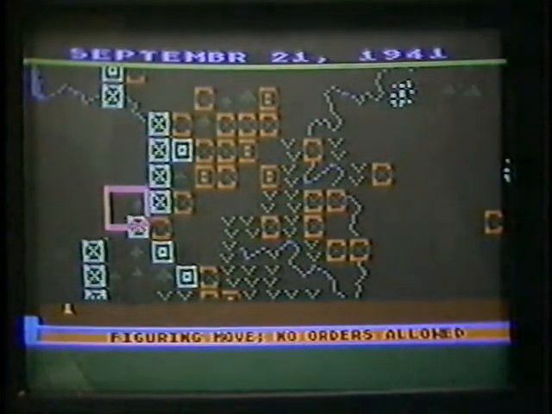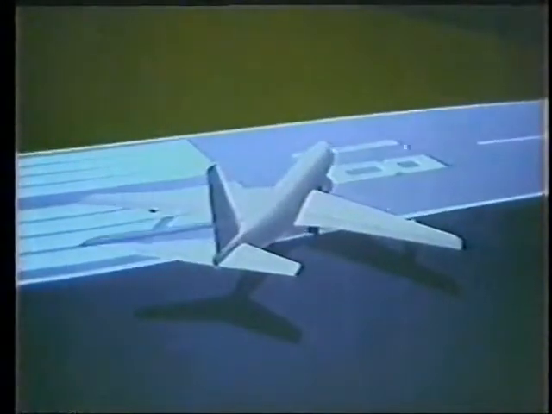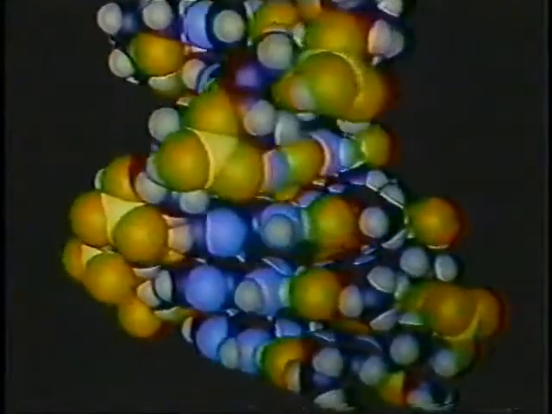A game represents reality. But it represents reality in a very different way than most people think. We have games and we have simulations. Now, the difference between the two is that a simulation emphasizes the detail of the real world, and a game deliberately suppresses detail in order to accentuate some broader issue.